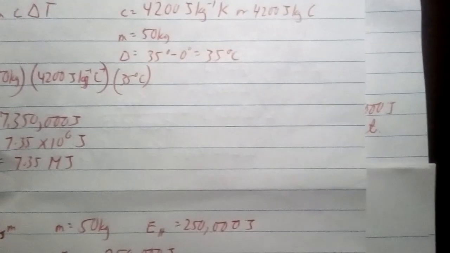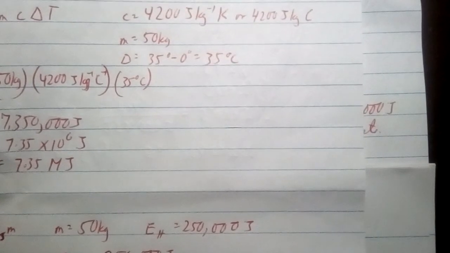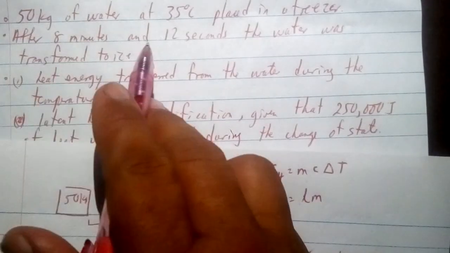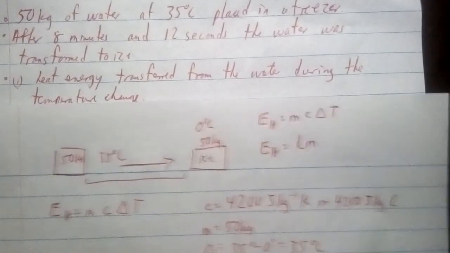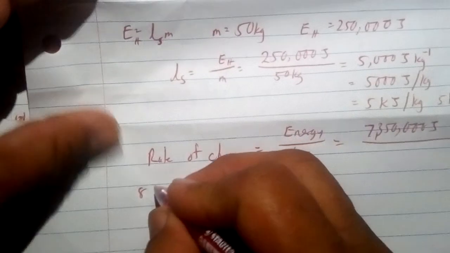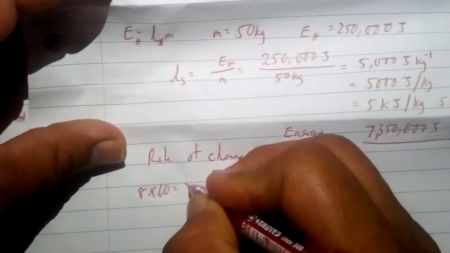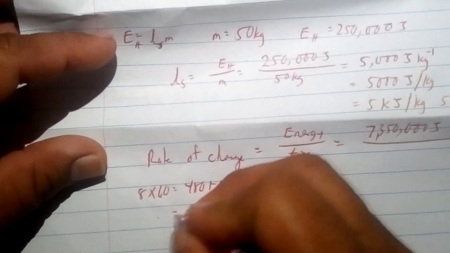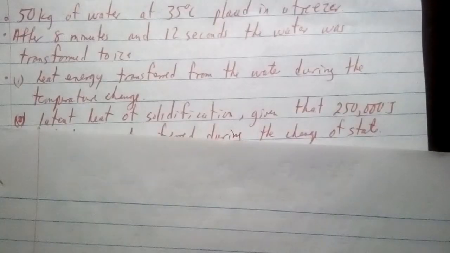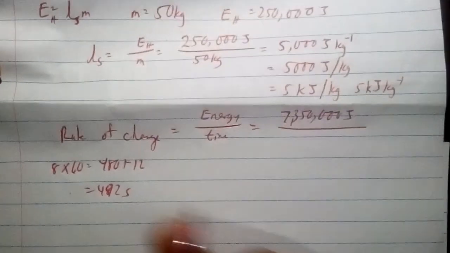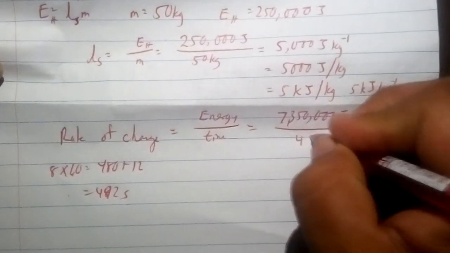And the time that took was 8 minutes and 12 seconds. So we need to convert minutes to seconds. So we have 8 times 60, which gives us 480, plus the 12 seconds, which is 492 seconds. So that's the amount of time for this process to happen.